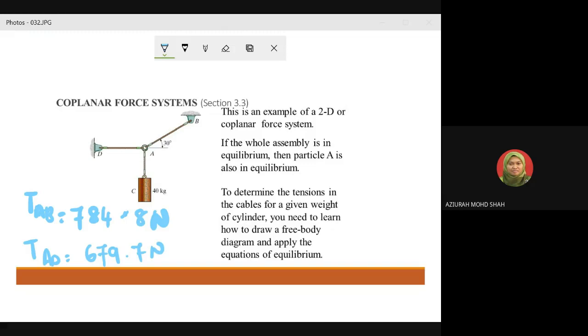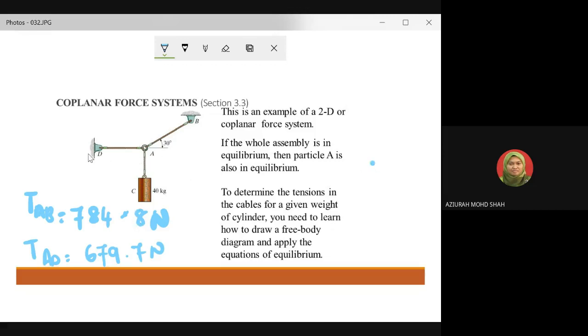Saya tunjuk using rectangular component kan? Means you use the fx, TAB cos 30 for the x component, TAB sin 30 for the y component, okay?